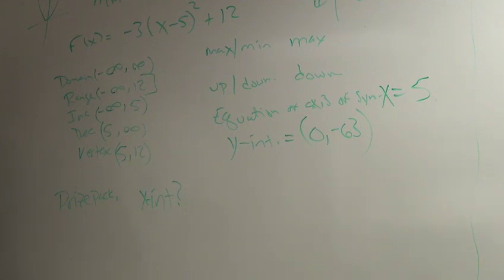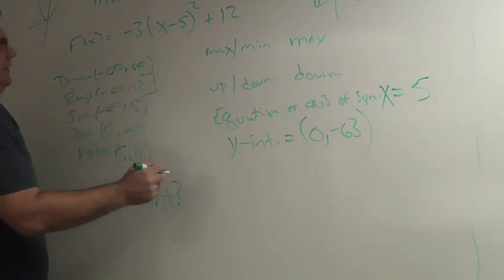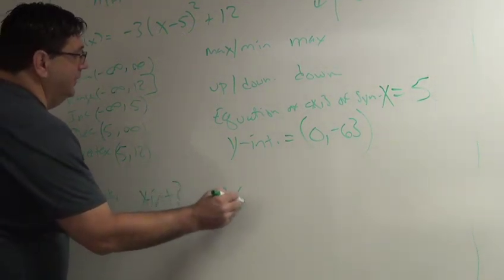Is it a parenthesis, a 7, a comma, a 0, and a parenthesis? Would that be better? Are you looking for two answers here? Yeah, there are two answers. Why are there two answers? Because it intersects the x-axis in two places.